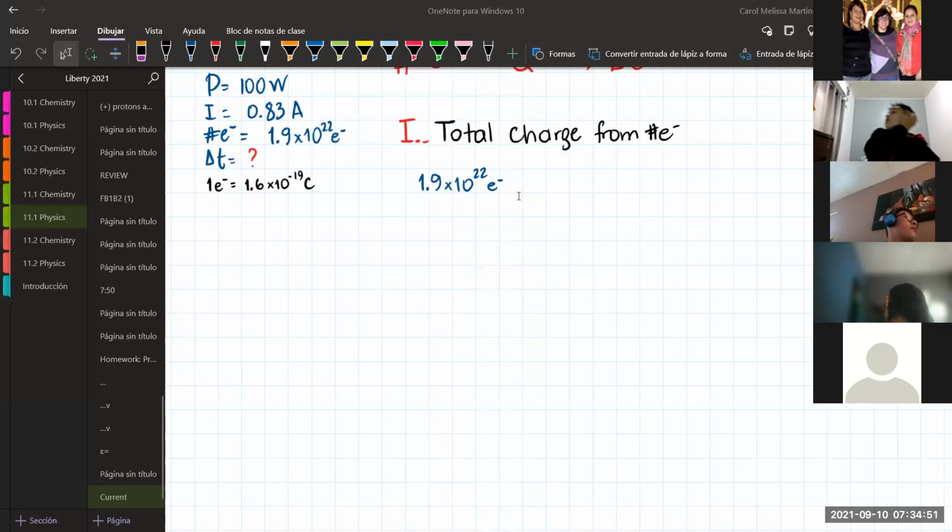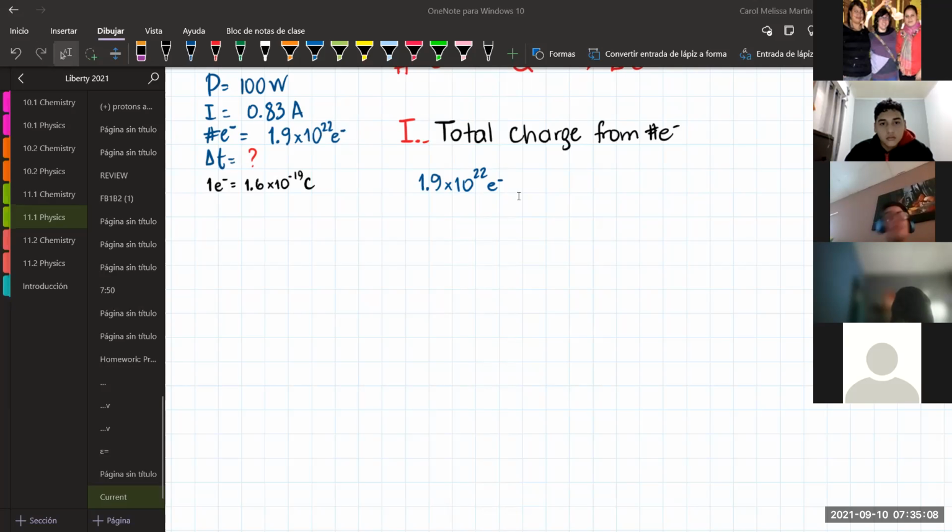That's the charge of just one electron. But we have this amount of electrons, so I need to get the total charge for all of them. So what I need to do is just a conversion.